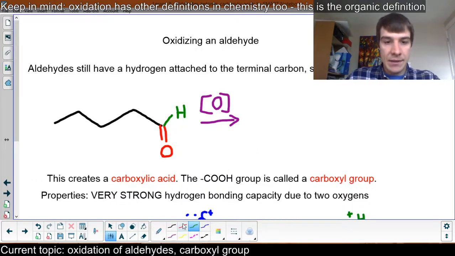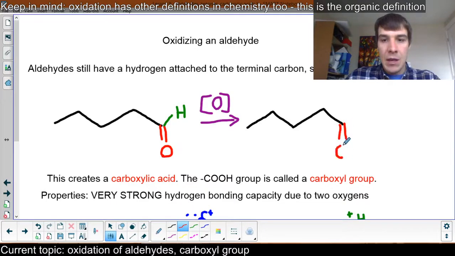What actually happens is we create this kind of new group where this was the existing oxygen that was there before, and a new oxygen comes in. So the oxidizer basically installed the oxygen there.